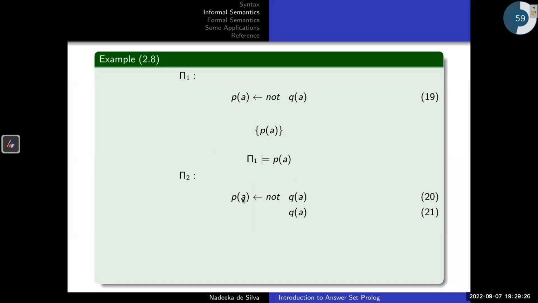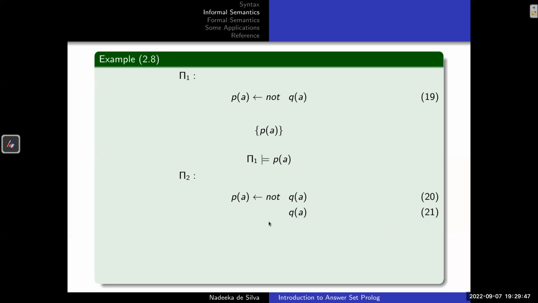Now I construct another program. I have the first rule of the previous program and I add another rule called QA. So now this is an extension of the previous program by adding another rule or axiom.